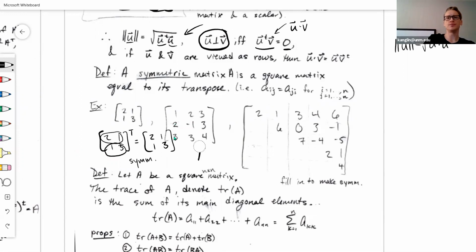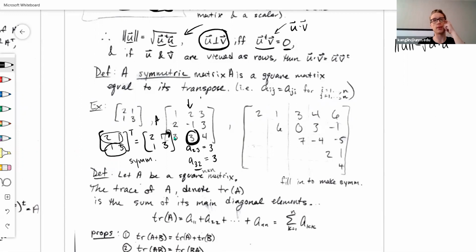Let's see why that is. Let's give this matrix a name. Let's call it A. In this case, A2,3, for example, what does that equal? Second row, third column. It's this guy. Well, I'm claiming this is symmetric. I'm claiming that A3,2 must be the same thing, meaning third row, second column. That's here.